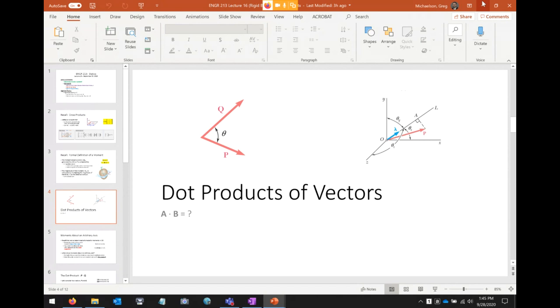In order to do that, we have to use the second of 2 ways of multiplying vectors, and that's what's called the dot product. It's the opposite of the cross product. Cross products were involved; there was a lot to a cross product. Dot products are easy.